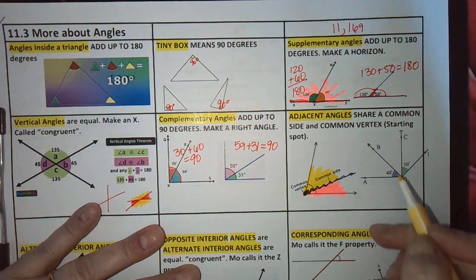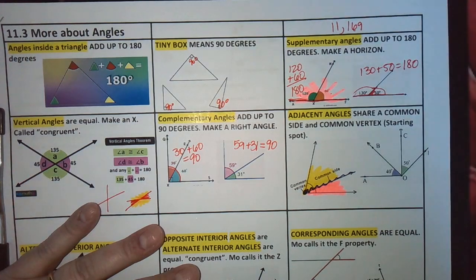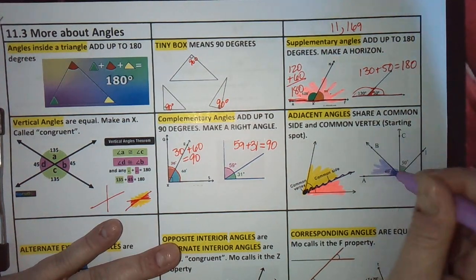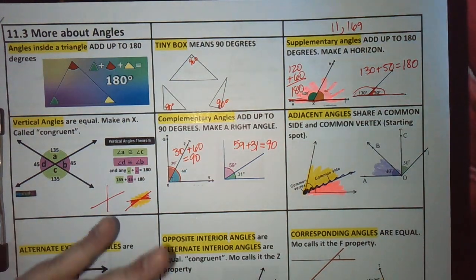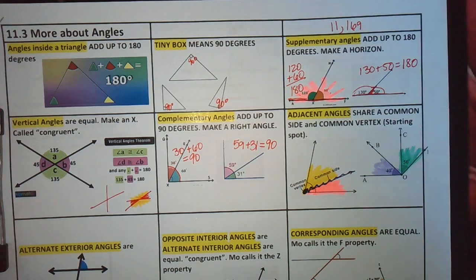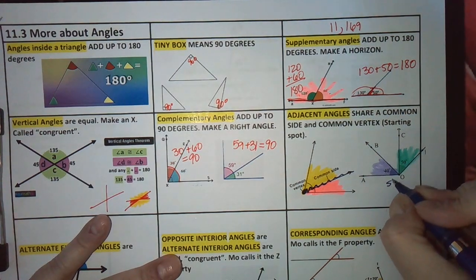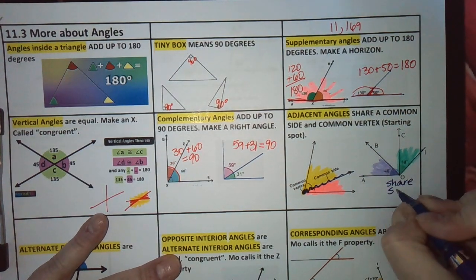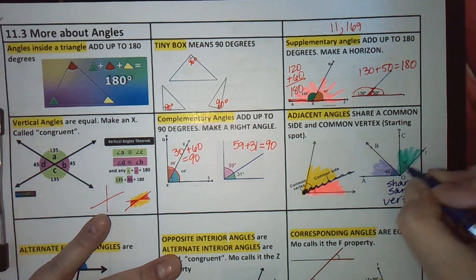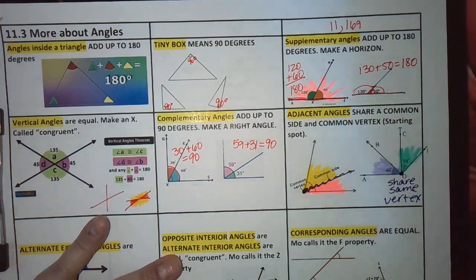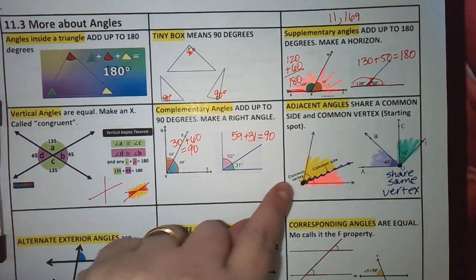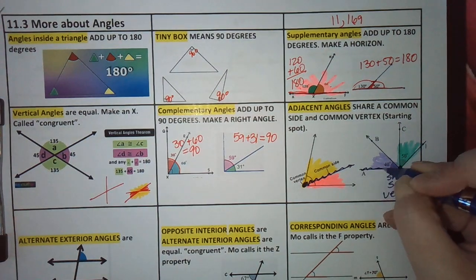Whereas if you look at this picture over here on the left, if you look at the 40, there's the 40 angle. And then if you look at the 50, there's the 50 angle. And they share the same vertex, or the same starting point, because both of these angles start at this point, but they don't have a common side, because look at the side of the 40.